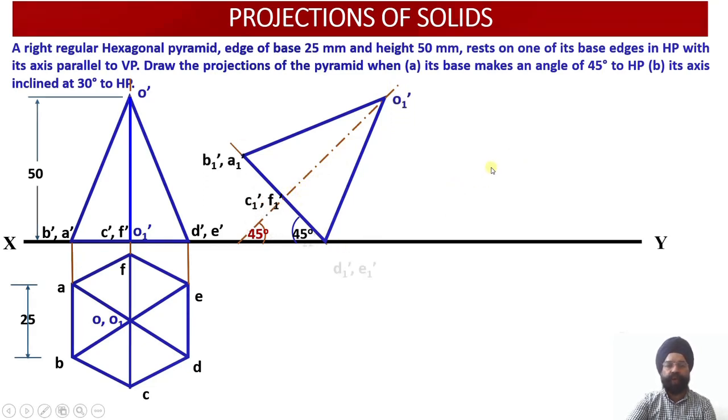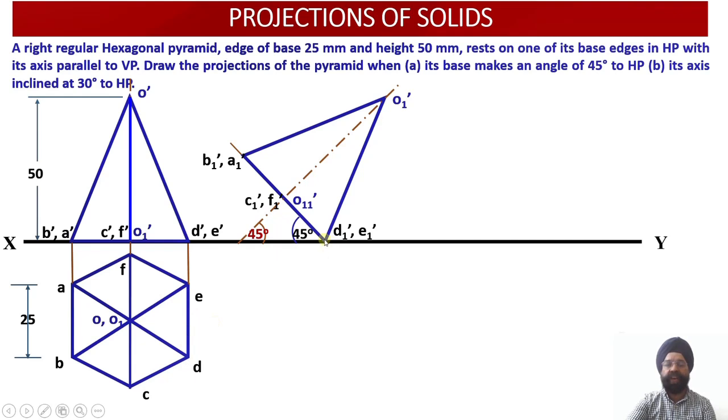So let us work out all the points, projections over here. D dash, E dash will be located onto the ground. So now our hexagon is inclined with respect to the horizontal plane, with the base making an angle of 45 degree to HP, and it is resting on one of its edges, which is the edge DE.